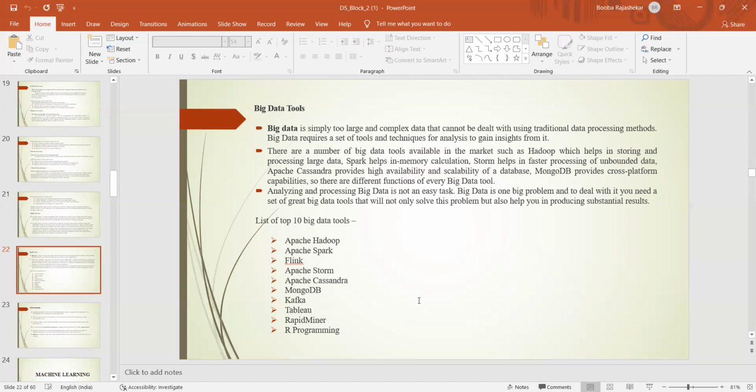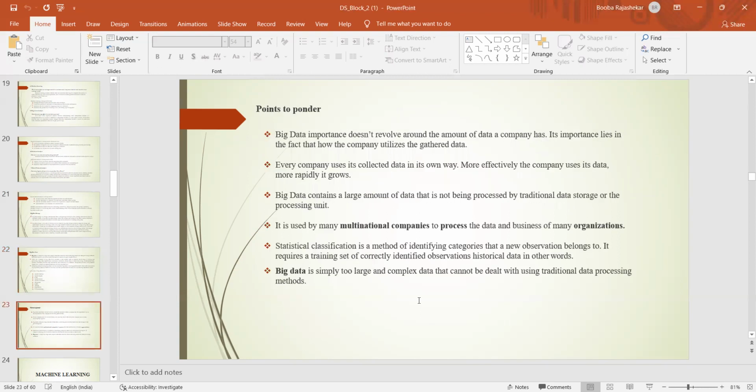So these are the main tools used for big data: Apache Hadoop, Apache Spark, Flink, Apache Storm, Apache Cassandra, MongoDB, Kafka, Tableau, RapidMiner and R programming. These are the tools used for big data analysis.